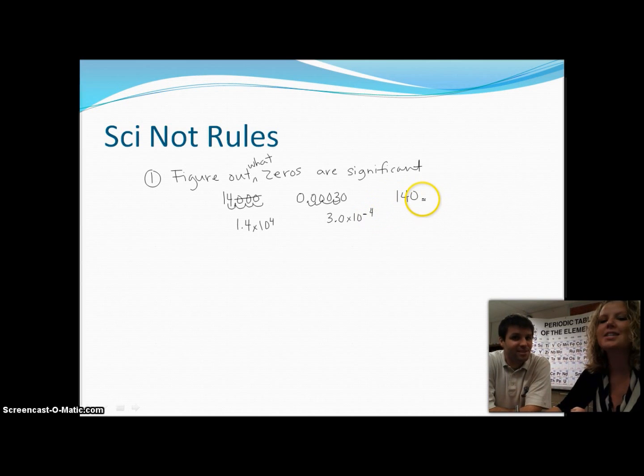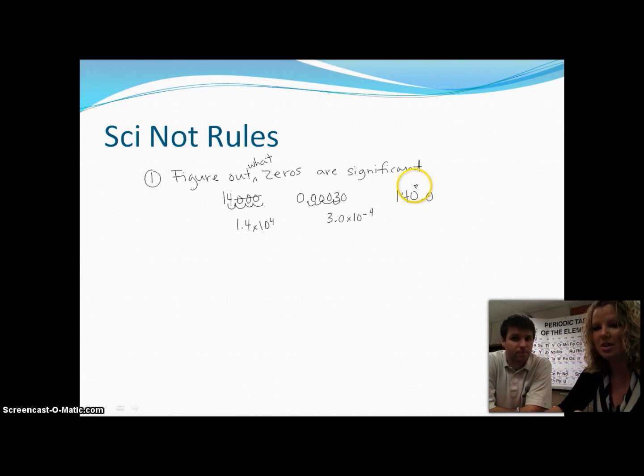Oh, so there has to be a decimal. Right. So if there's a decimal here, that 0 would be significant. It would become significant. But since there's no decimal, it's not. What if I did this? Then it would become significant, because now this 0 is a significant 0 because there's a number in front and it's to the right of the decimal.